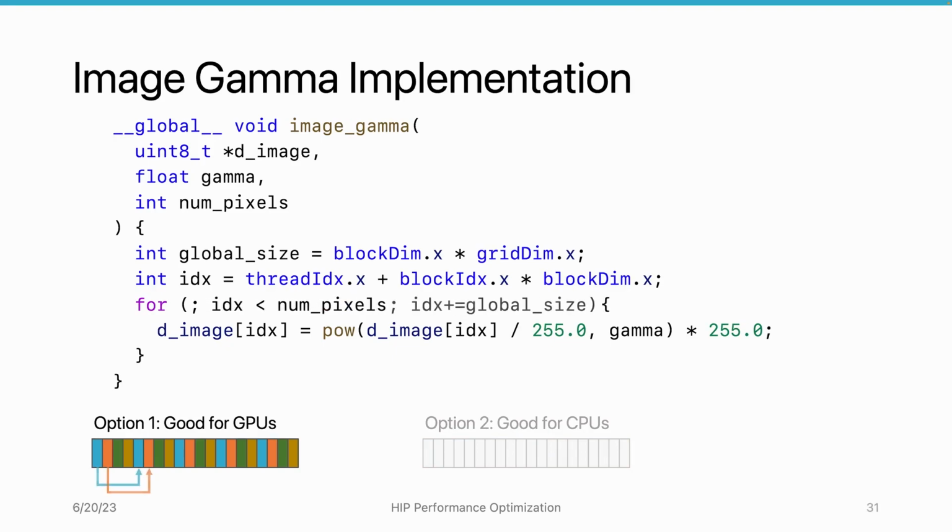So we fill this gap by introducing these incremental steps, which is the global size. That is the total number of threads within the grid. After implementing this kernel, we also need to make slight modifications to the host program, which I won't show in these slides. Previously, we set the grid size to be the number of pixels in the image.